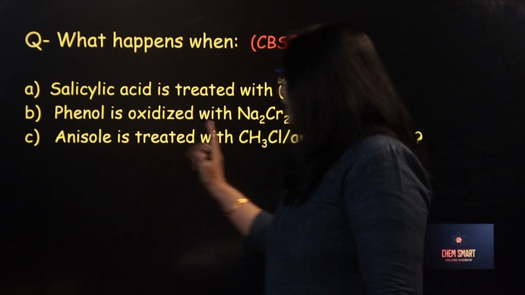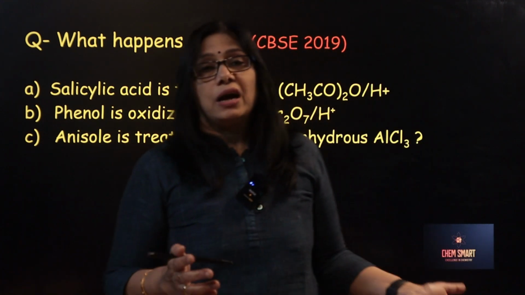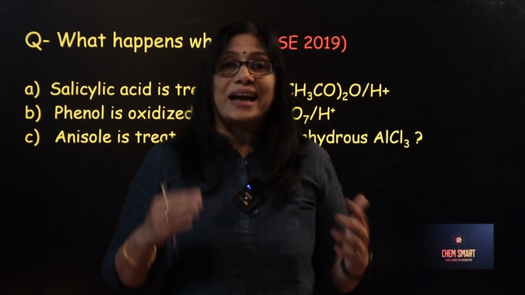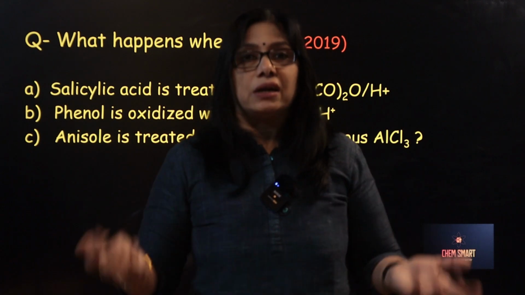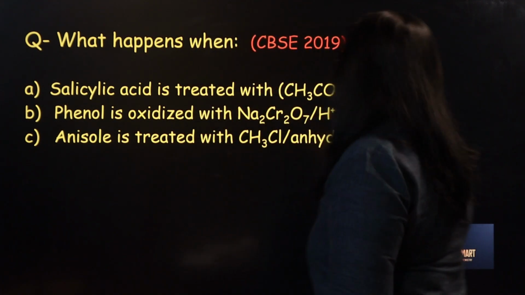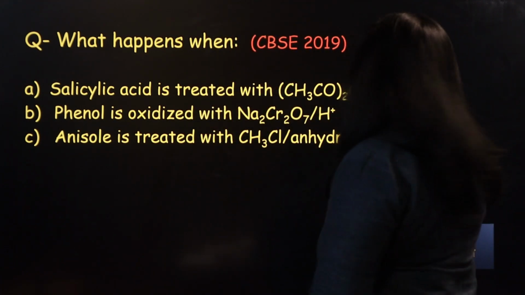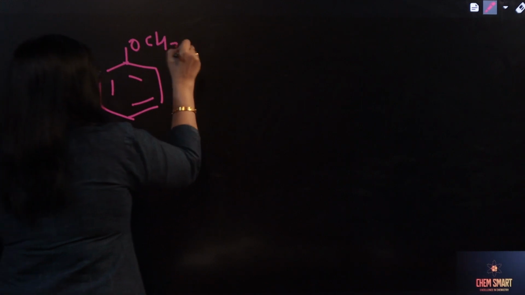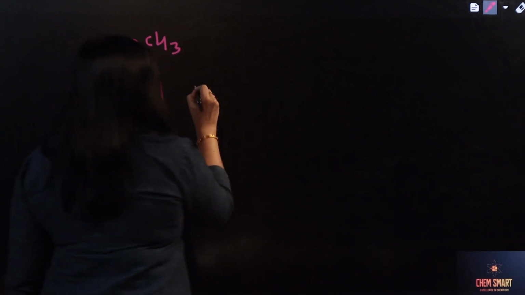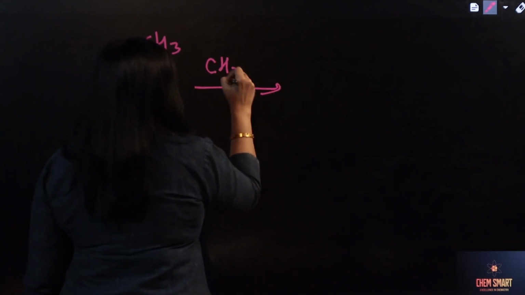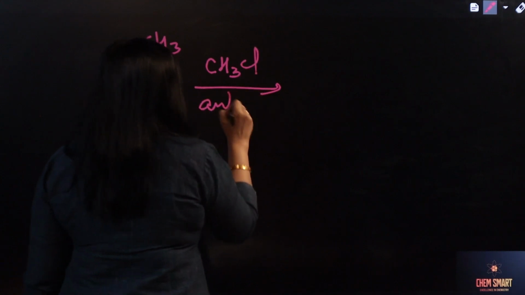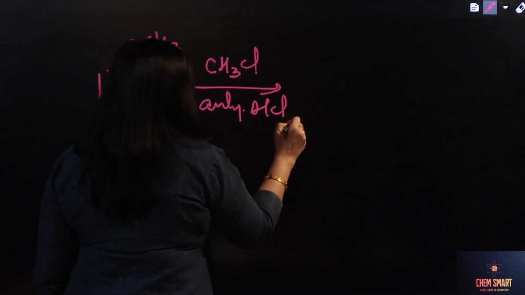Anisole, when treated with the methyl chloride in anhydrous AlCl3, it is actually Friedel-Crafts alkylation of anisole. So that we haven't discussed yet. So I'm just going to do that area for you. So it is anisole. Anisole is methoxybenzene. It is undergoing Friedel-Crafts reaction, CH3Cl, in the presence of anhydrous AlCl3.